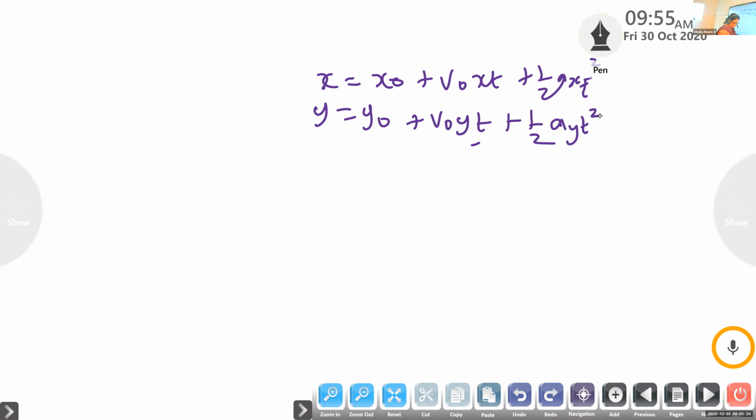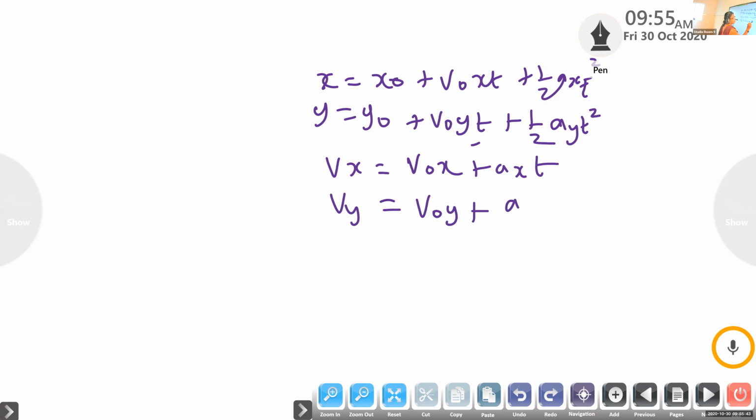Then another equation, the first equation, we have learned it. That is Vx is equal to V0x plus ax t and Vy is equal to V0y plus ay t. Okay, let these equations be on one side because sometimes we have to use them.